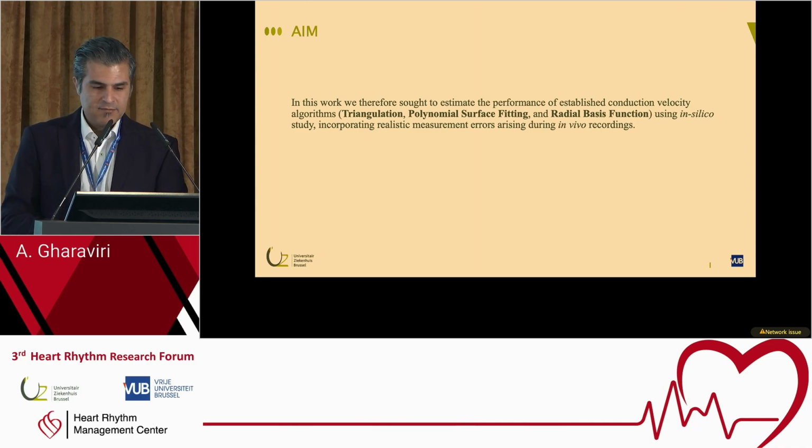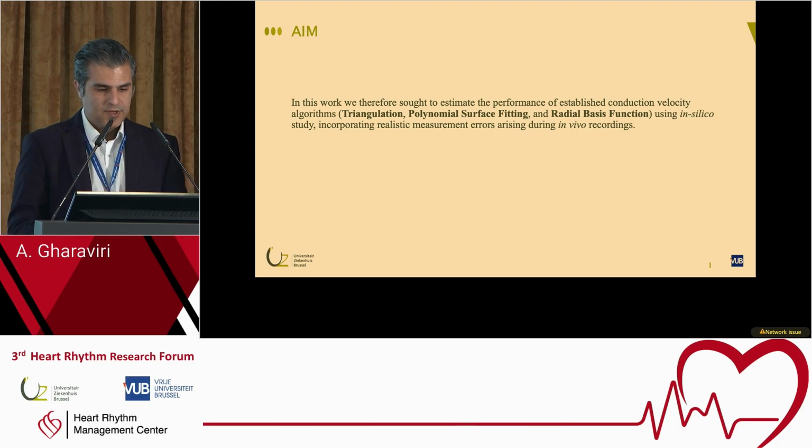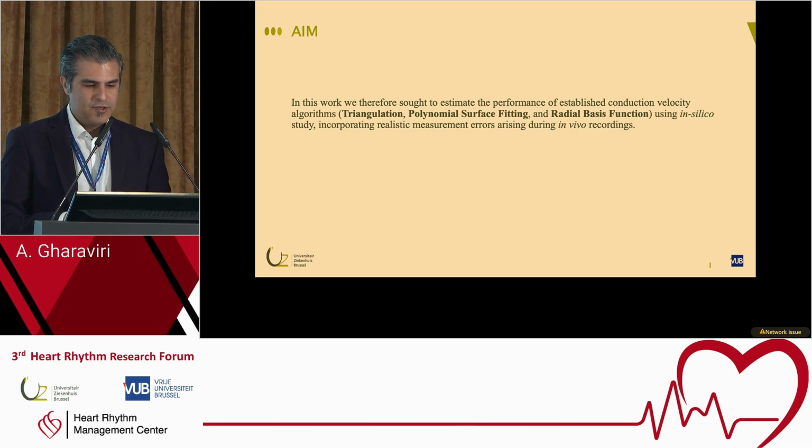How we did that: we used in silico studies, because with in silico studies we have complete control of the environment, and we can use this as a ground truth to compare the performance of each of these conduction velocity calculation methods in the presence of the different uncertainties.